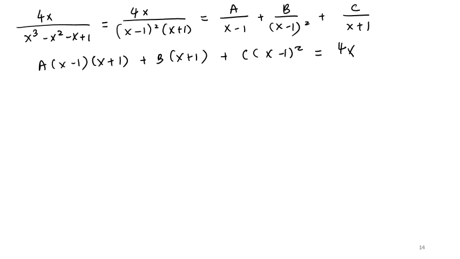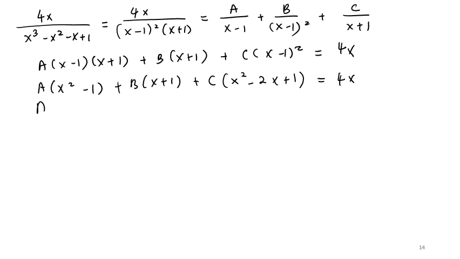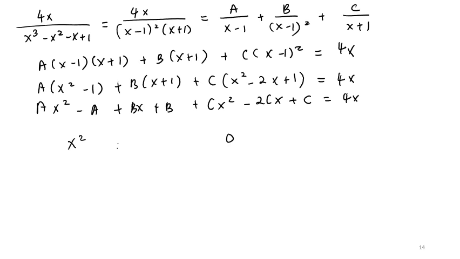So, you can further simplify it: A times x squared minus 1, plus B times x plus 1, plus C. Then you expand this part of the expression, so you get A x squared minus A plus Bx plus B plus Cx squared minus 2Cx plus C equals 4x.